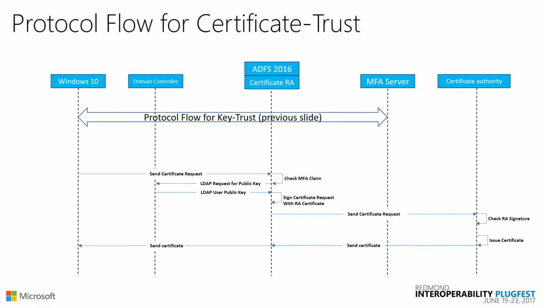The certification authority may not know your Windows 10, but it knows that certificate registration agent. A certificate will be issued and sent back to Windows 10. So now we have the certificate trust provisioning done. The next step will obviously be how you authenticate once you have done all that.